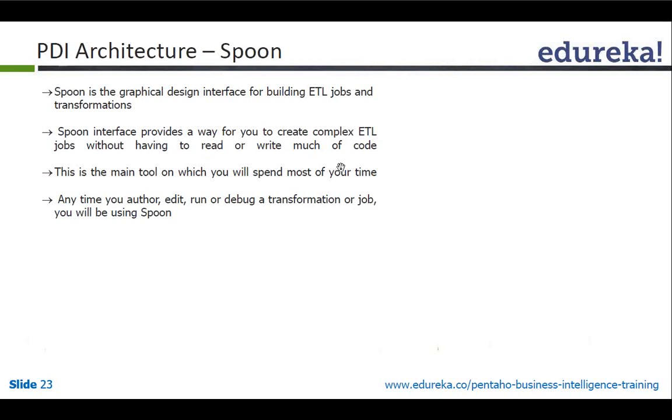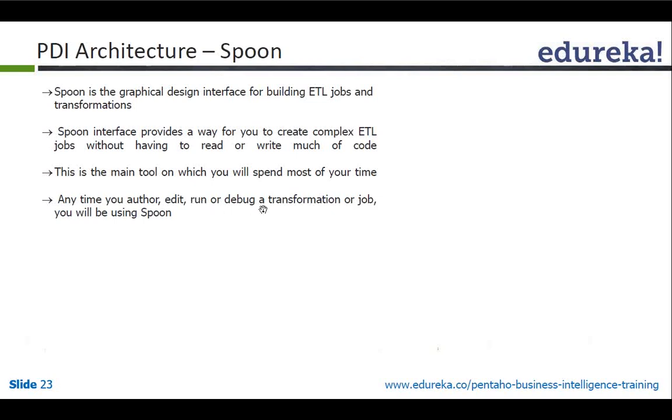The Spoon interface provides a way for you to create complex ETL jobs without having to read and write much code. For example, if you want to read data from multiple sources and push the data to a target, you can prepare your job without understanding SQL. Spoon is the main tool on which we're going to spend most of our time. Anytime you author, edit, run, or debug a transformation or job, you will be using Spoon.